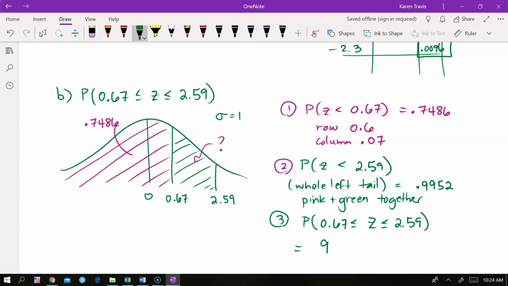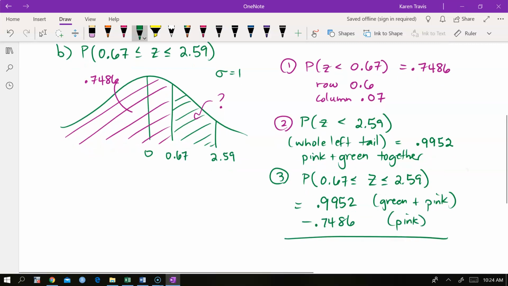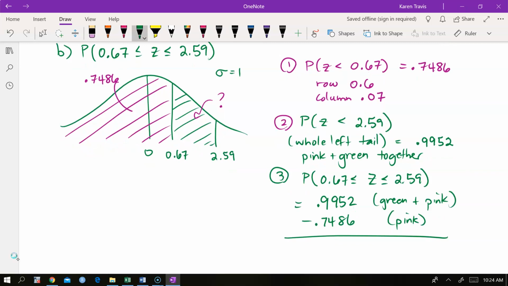I'm going to take 0.9952, which is green and pink, and I'm going to subtract just pink, which is the 0.7486. And what I'm left with is the area that's just the green, which is 0.2466. So there's a 24.66% chance that z is between 0.67 and 2.59.